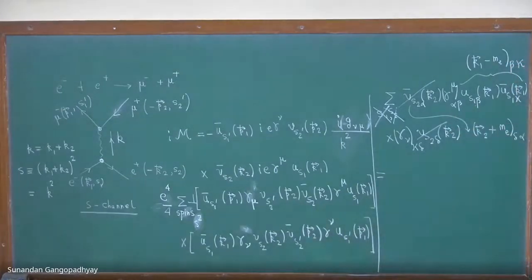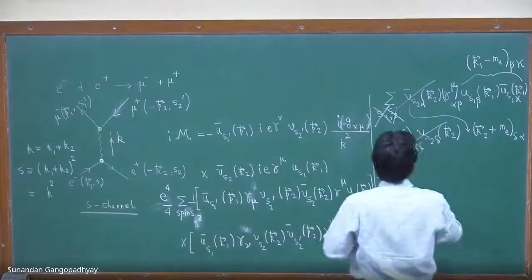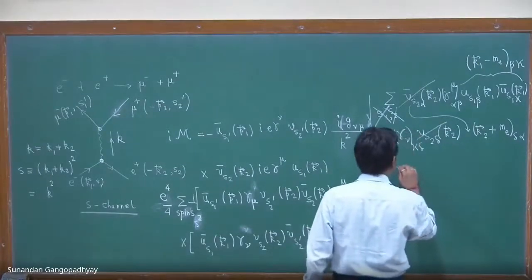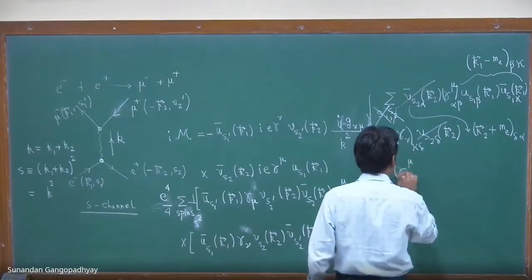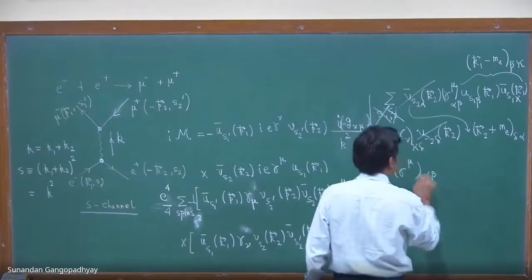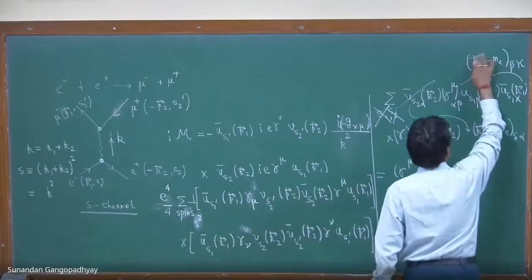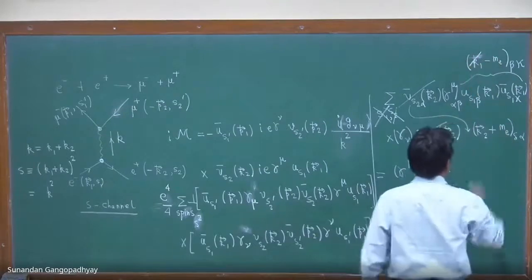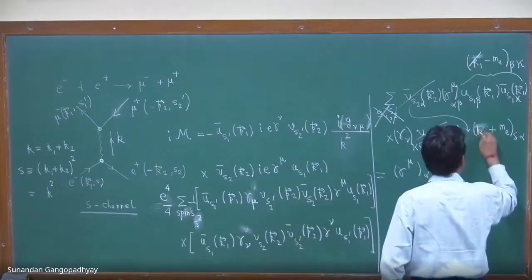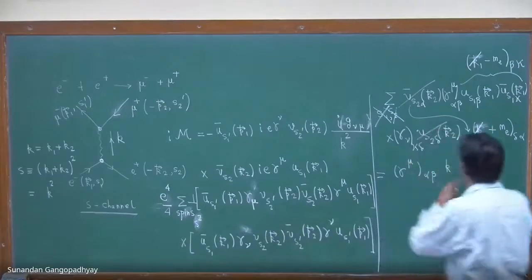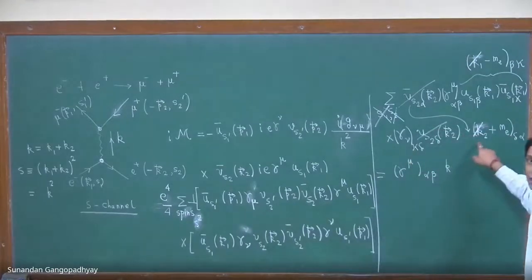So now you have performed this spin sum, and therefore the result that we get after doing this is the following: gamma mu alpha beta, k1, not k1 vector, this is k1 slash. This will also not be k2 vector, this will be k2 slash. Let's make this correction. This is not k2 vector, this is k2 slash.